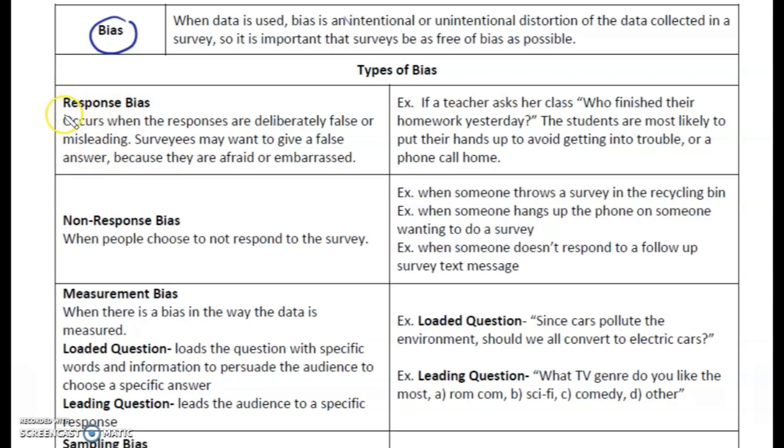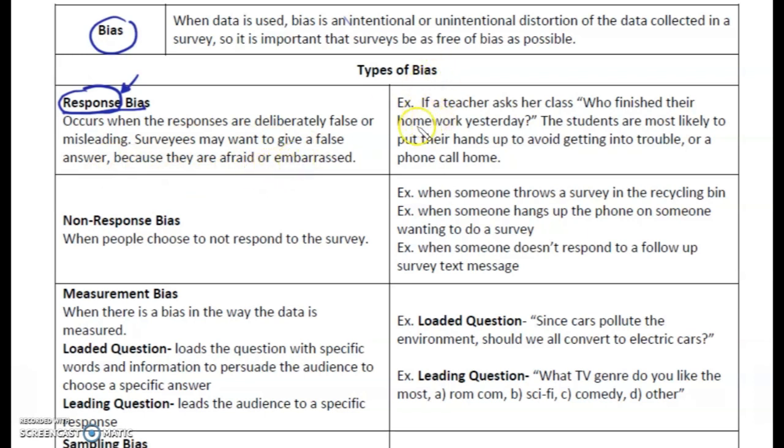Okay, an example, response bias. This occurs when the actual response itself is false or misleading. So it's all in that title there, response bias. Surveyees may want to give a false answer because they're afraid or embarrassed.